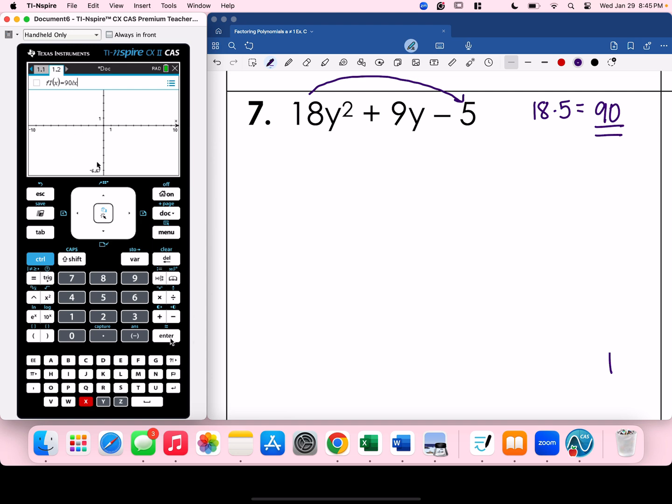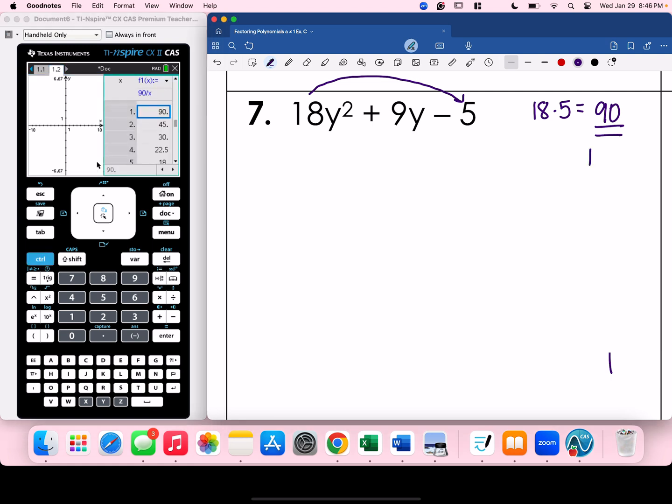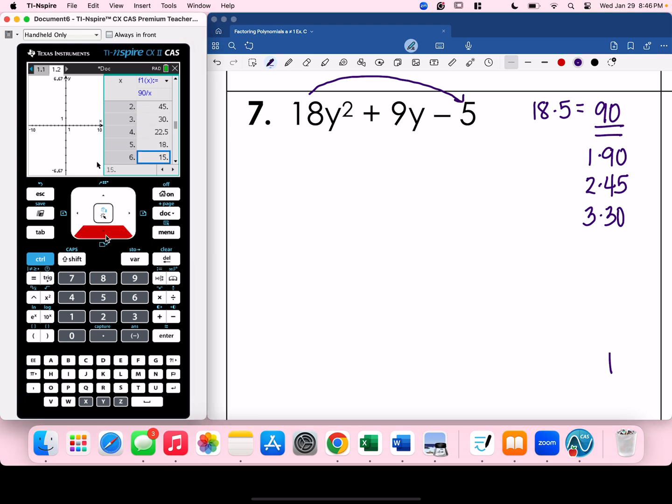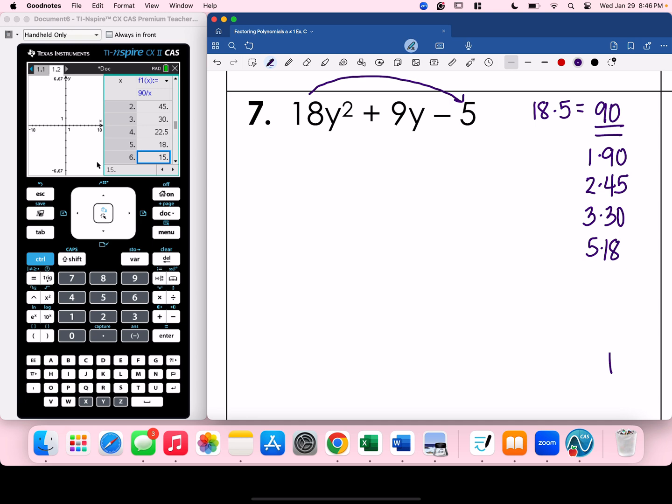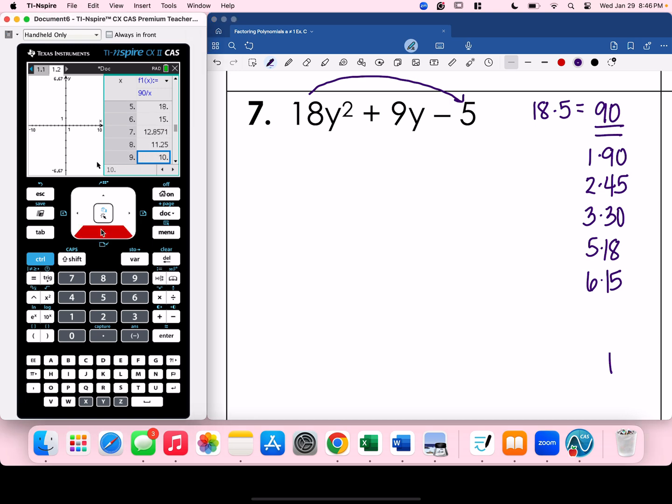So we type in 90 divided by x, press enter, and then Control T. Listing out my factors, we have 1 times 90, 2 times 45, 3 times 30, 5 times 18, 6 times 15, and then our last factor pair is 9 times 10.